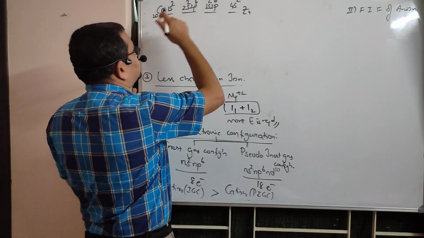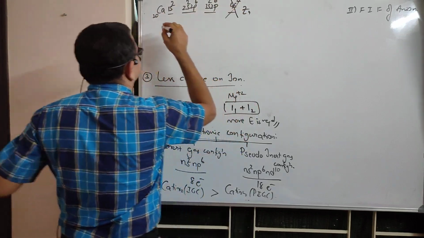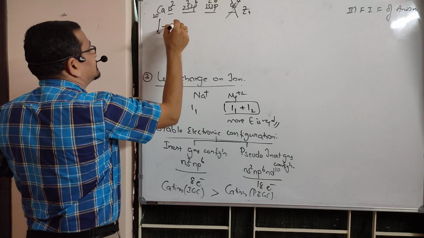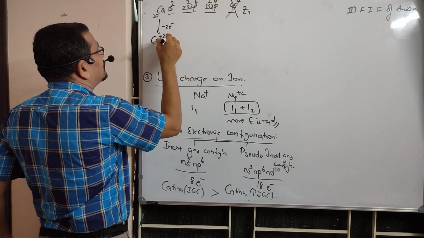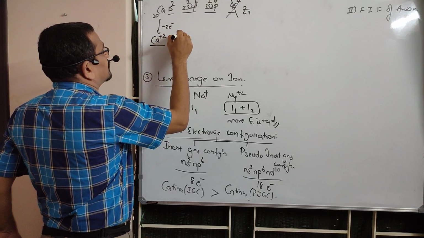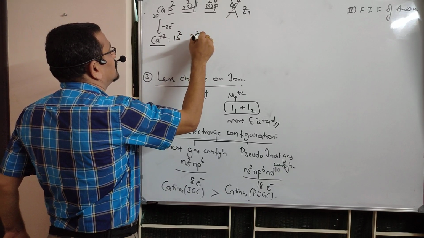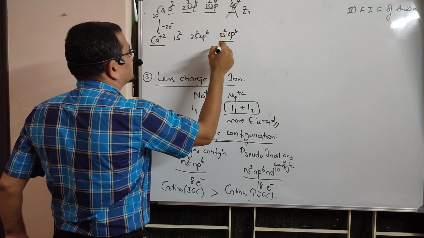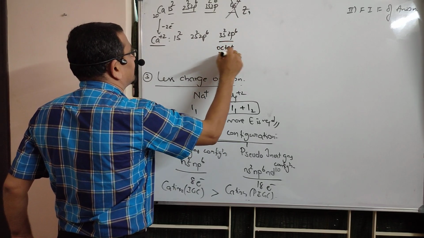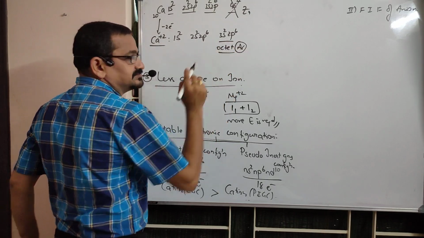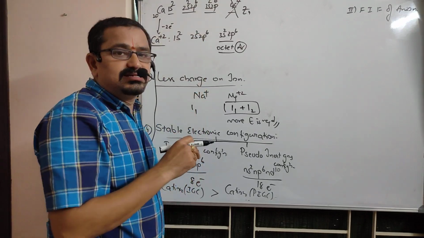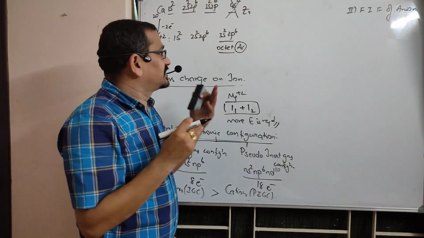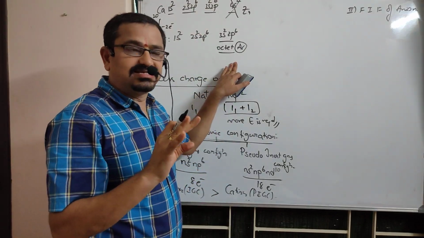That's why calcium readily loses these 2 electrons and becomes the Ca2 plus cation, whose electronic configuration is 1s2, 2s2, 2p6, 3s2, 3p6. It has the octet configuration of argon, the nearest inert gas. So configuration-wise it is stabilized.